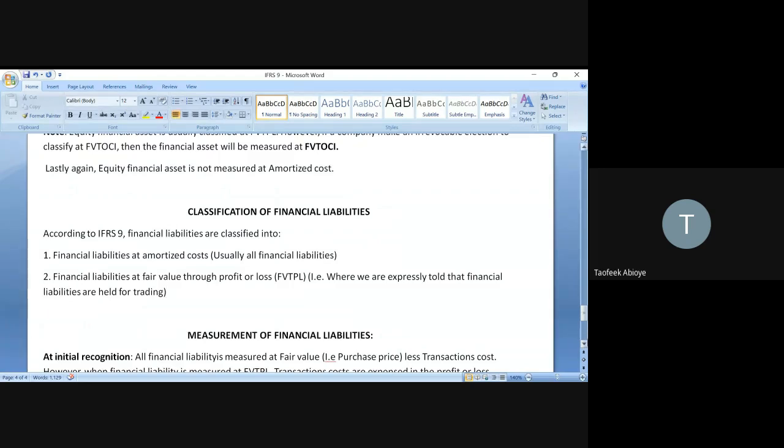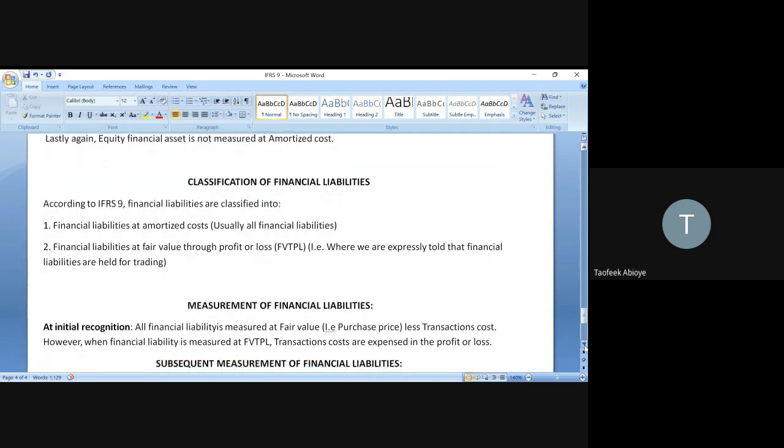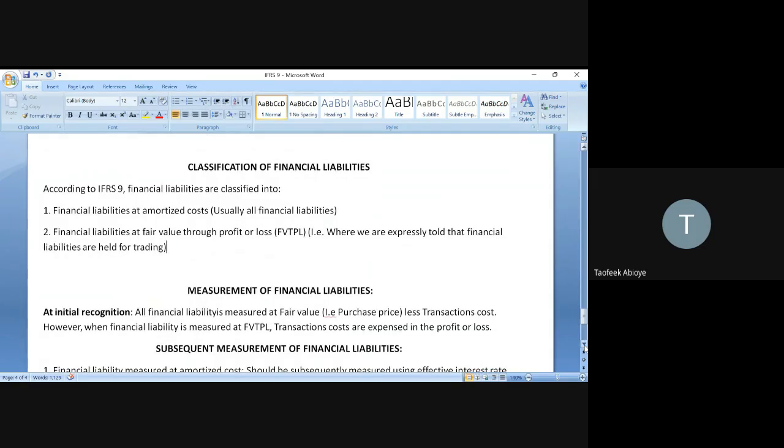And that's the difference between financial assets and financial liability. Financial liability, majority of them are at amortized cost. So is that noted? Can we move on?